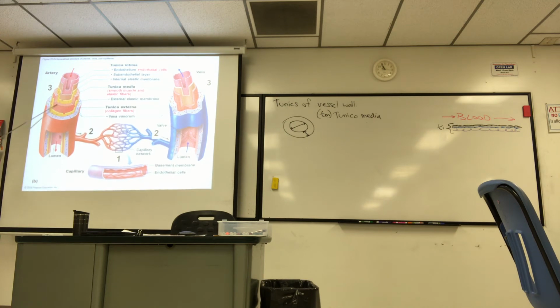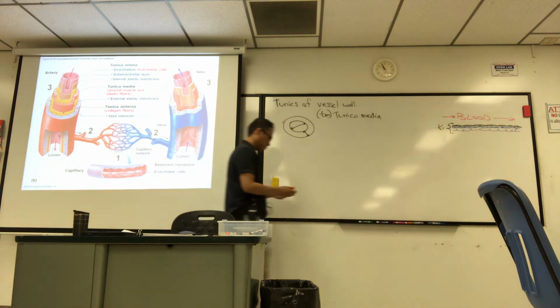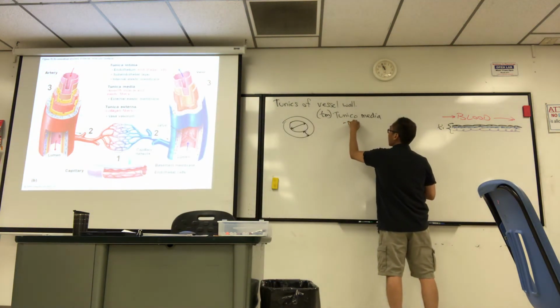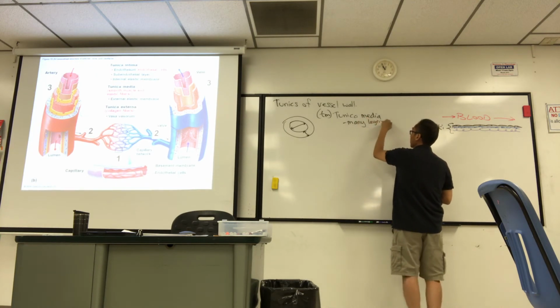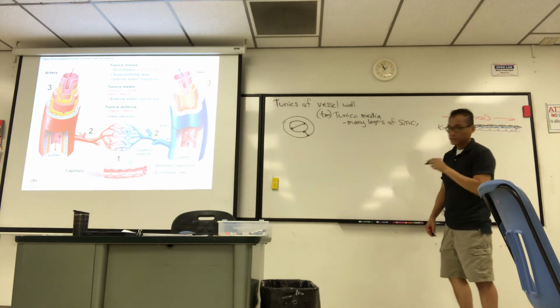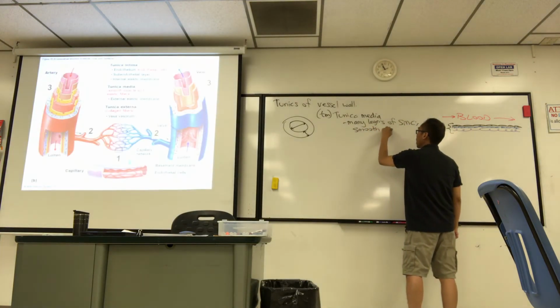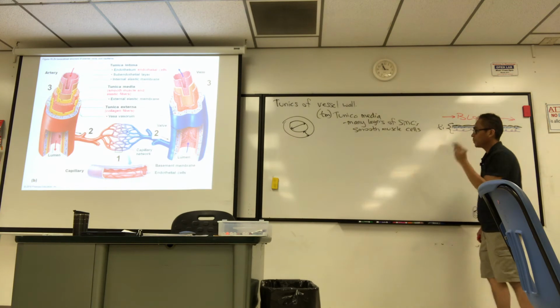TM, it's basically many layers of smooth muscle cells. It's the muscle layer. Many layers, SMCs. That's smooth muscle cells. They're spindle-shaped cells.